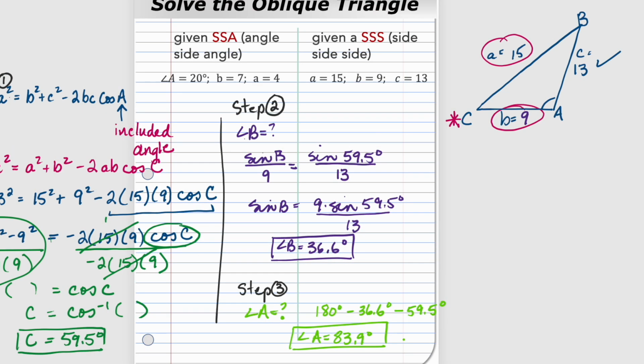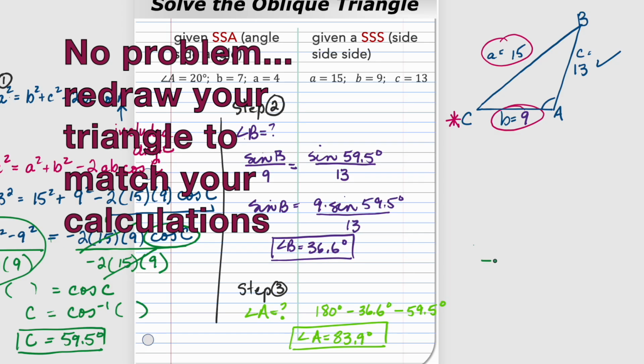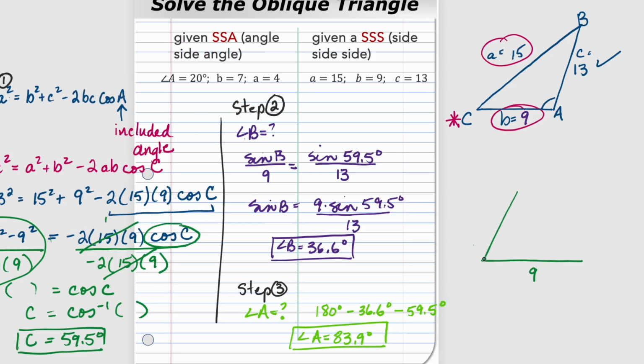Oh, our picture's a little off. If we start with B9, we want 60 degrees. We don't know how long that is. And then this angle's probably, I don't know, like that. B. This one's 59.5.